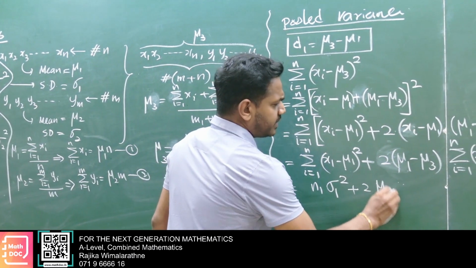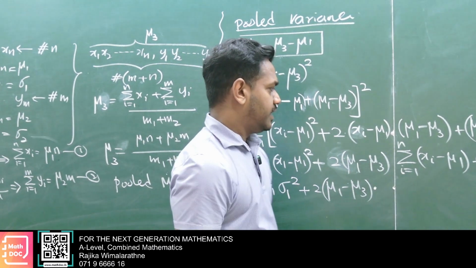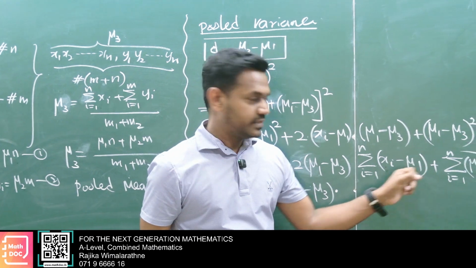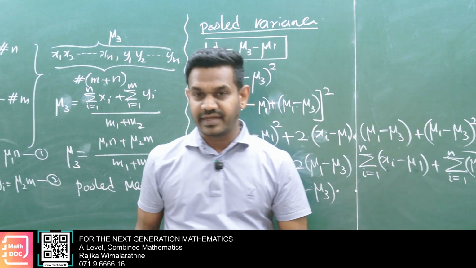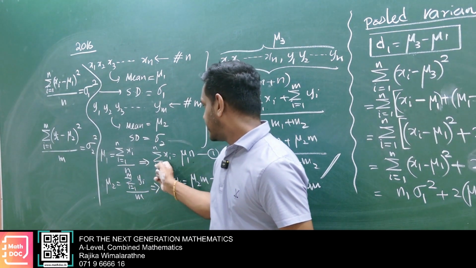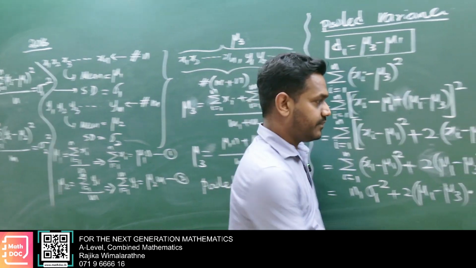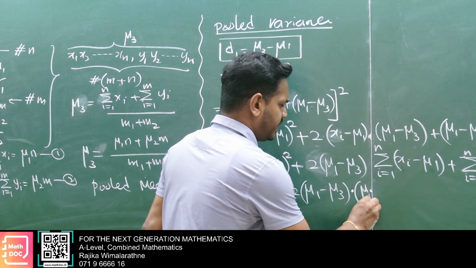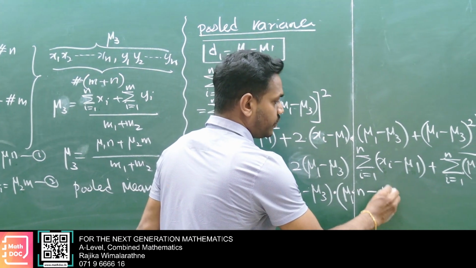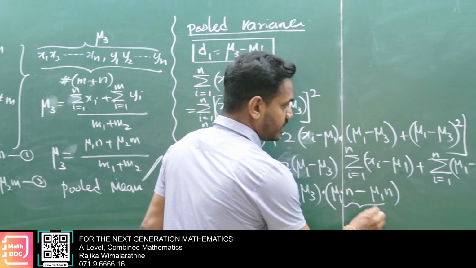Here 2 times (mu1 minus mu3) multiplies the sum of xi minus the sum of mu1. The sum of xi equals mu1 times n, and the sum of mu1 is again mu1 times n. So that part is 0 now.